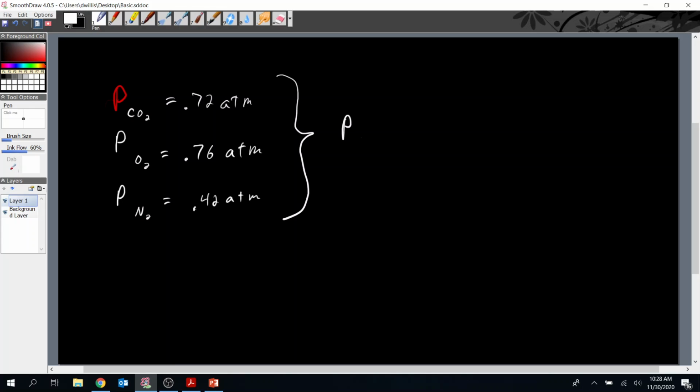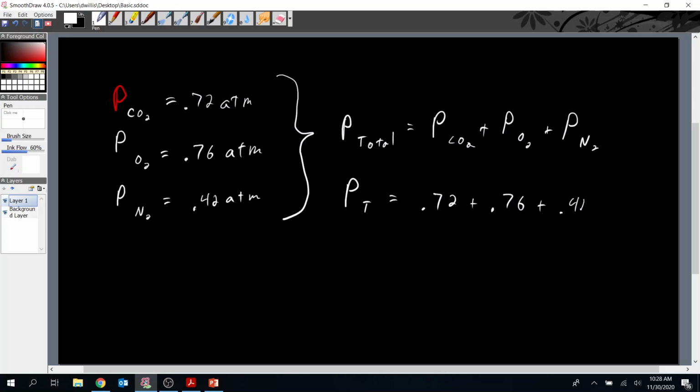All right, remember that P total is going to equal the partial pressures of all of these. So PCO2 plus the pressure of O2 plus the pressure of N2. All right, so take a moment. Let's fill those in and work the problem and see what we get. 0.72 plus 0.76 plus 0.42.